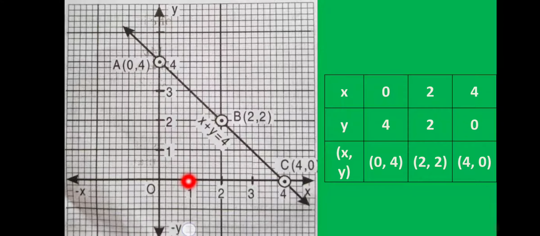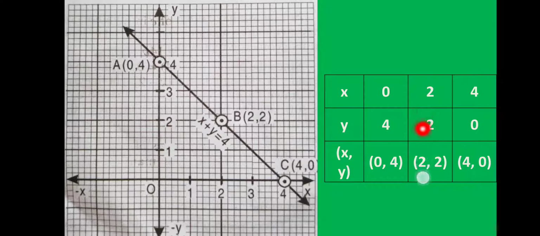There is 1 for x, this is 2 for x, 3 for x, and 4. Firstly x is 0, then y is equal to 4, so search for 4 along the y-axis. 0 is here, and from 0 we move ahead 1, 2, 3, 4. So this is our first point. We will circle it and represent it as 0 comma 4.